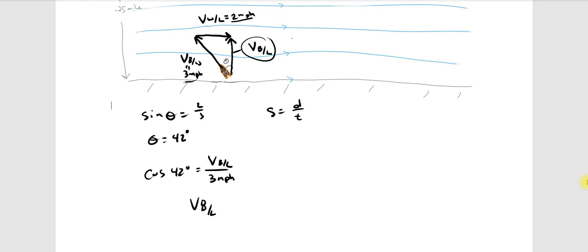Okay, I had to do a roundabout way there, but I get 1.13 miles per hour.